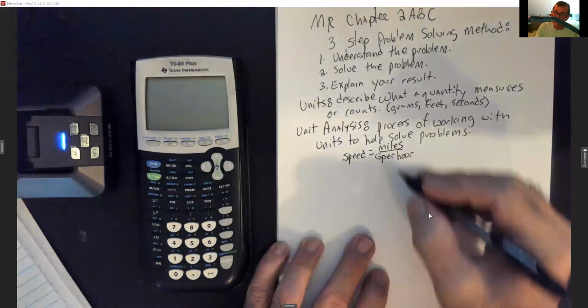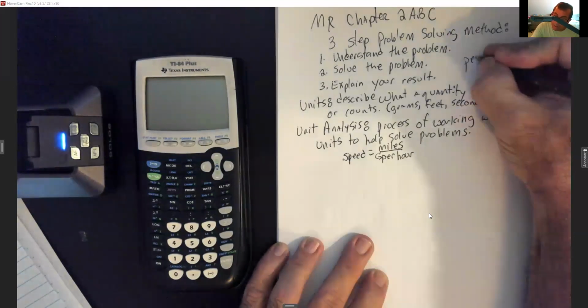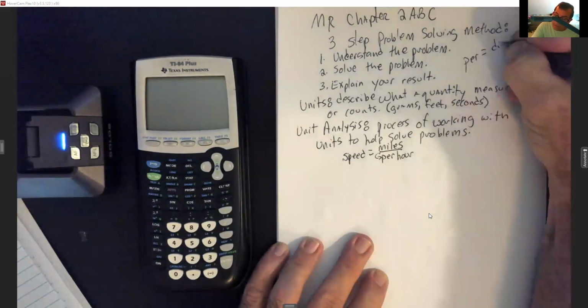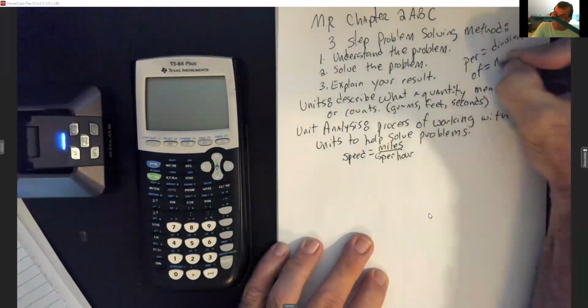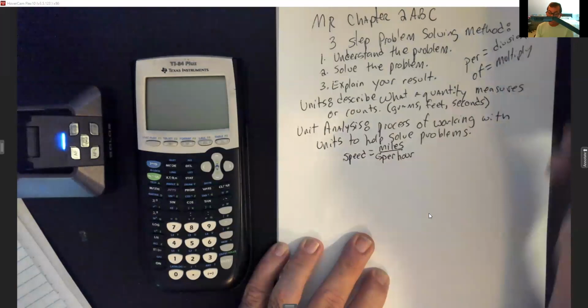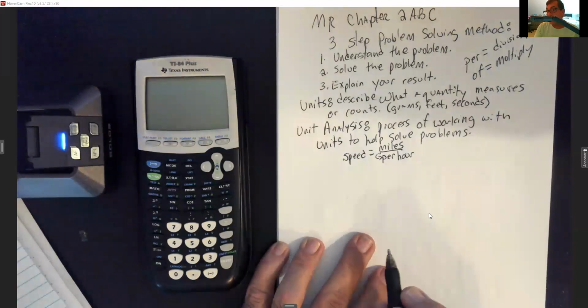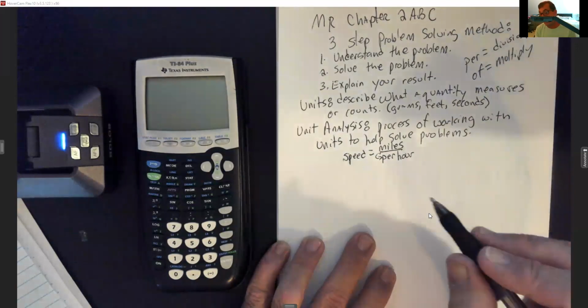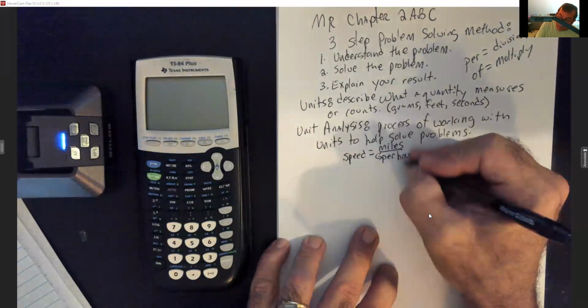So this per means division, okay? Anytime you see per, it means division. So two keywords, per equals division, of equals multiply. So if we see any of them kind of words when we're talking, we know what they mean, okay? That's like percent means you divide by 100. That's how they get them decimals. So this is miles per hour, right?